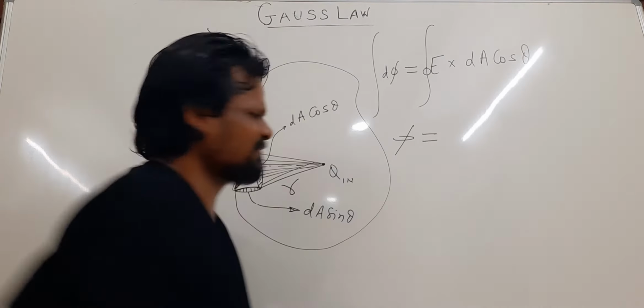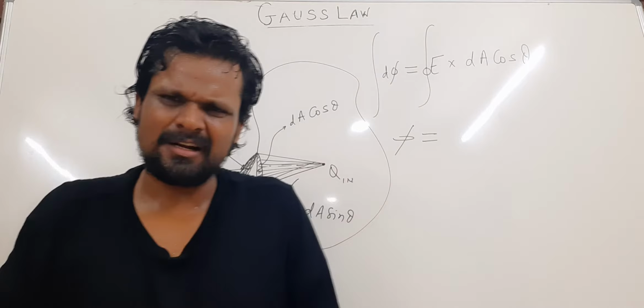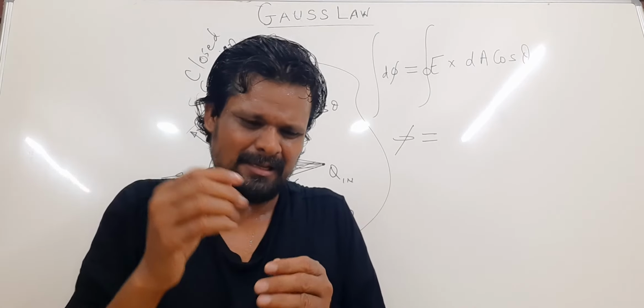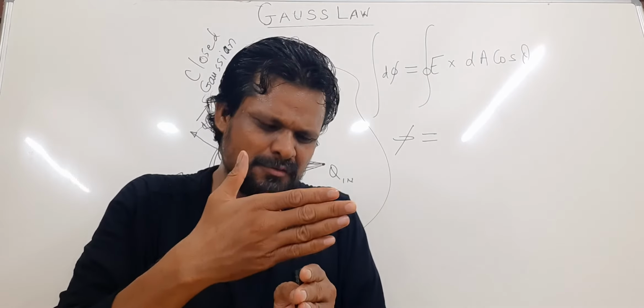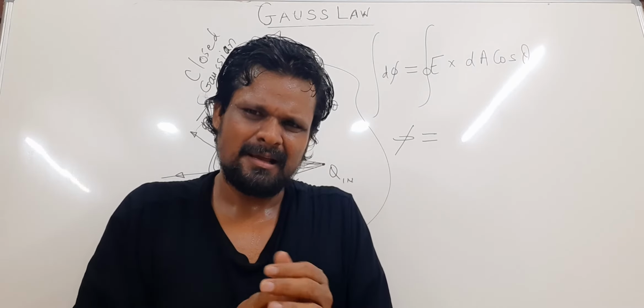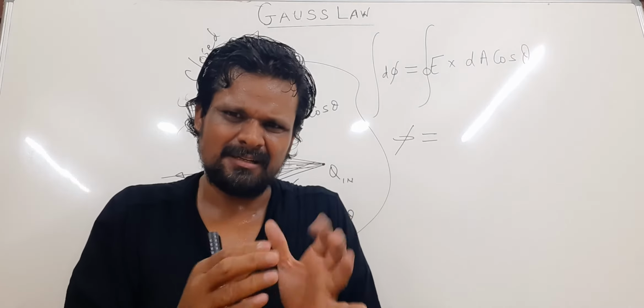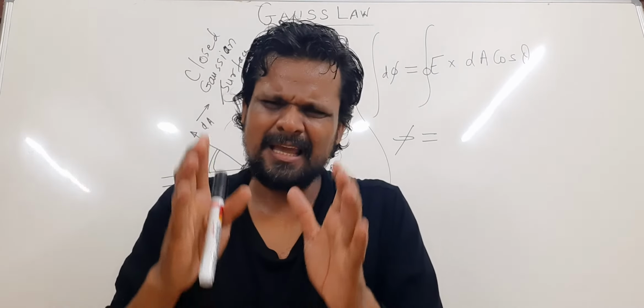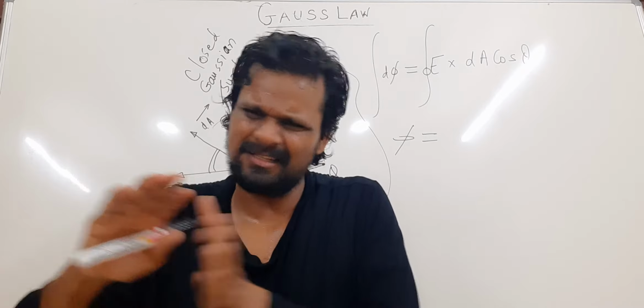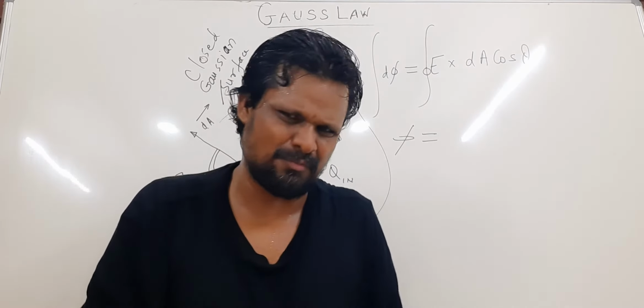So total flux becomes phi. The product of the electric field perpendicular to the plane and the area is called flux. Please keep the concept of flux aside. First clear the concept of Gauss law.